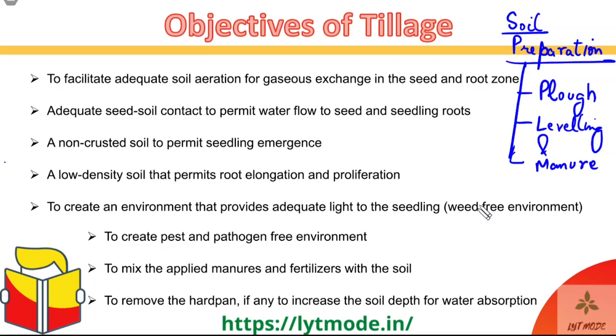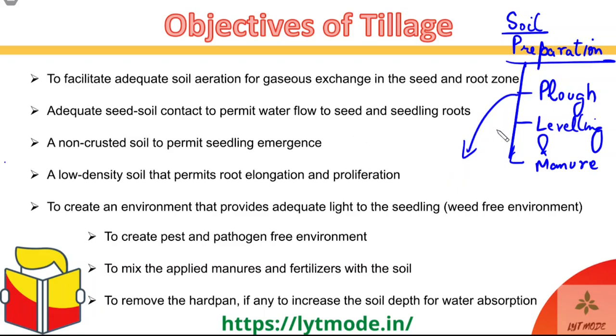Plowing is basically nothing but breaking up of the soil by means of a plow. You must have seen a lot of farmers plowing the fields with their bullocks or maybe with tractors. Leveling is very simple.